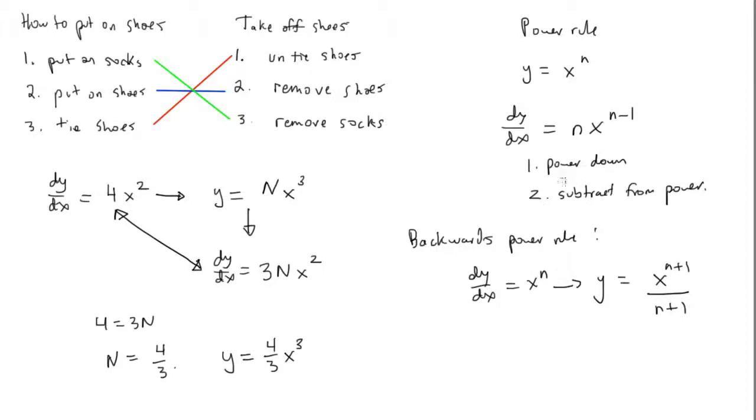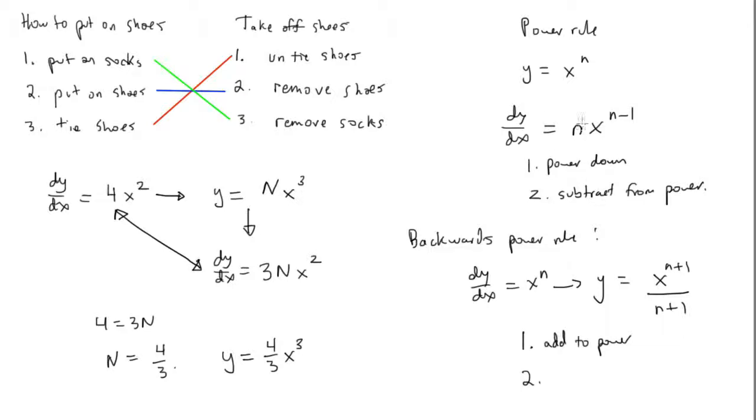Well, the old power rule, the last step was to subtract 1 from the power. So what's the opposite of subtracting 1 from the power? Adding 1 to the power. And because that was our last step before, it should be our first step now. So we need to add 1 to the power. And 2, we then need to undo the multiplying by the power.